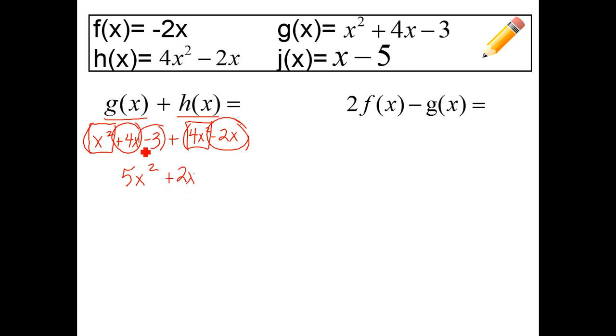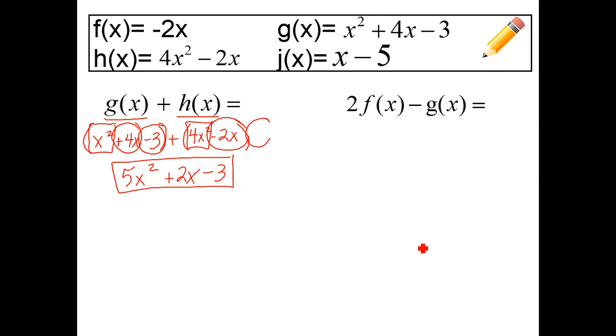And then I have just negative 3 right here. I don't have any constant values over here, so I'll just leave it as a minus 3. So g of x plus h of x equals this new expression here, 5x squared plus 2x minus 3. So we combine 2 functions here to make a new one.